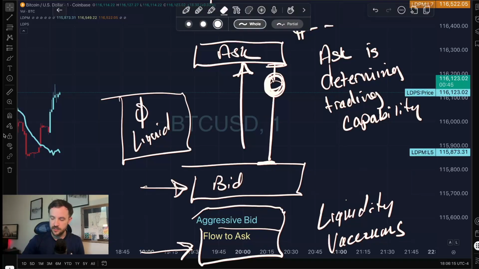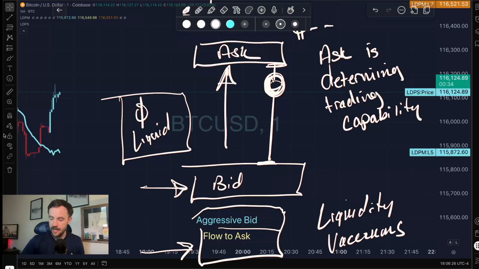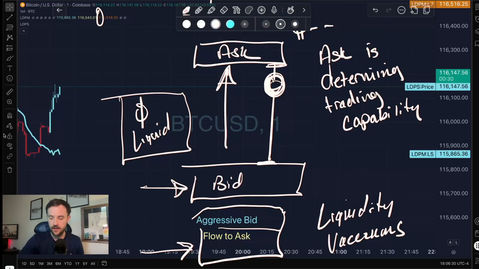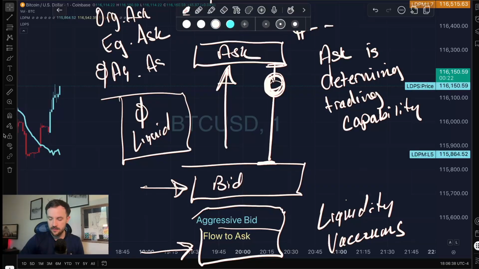So if we, for instance, say this is the situation we're in, where we have this aggressive ask and this aggressive bid, and the aggressive bid is digesting the organic ask and it's digesting the eager ask, and there really is no presence of an aggressive ask.